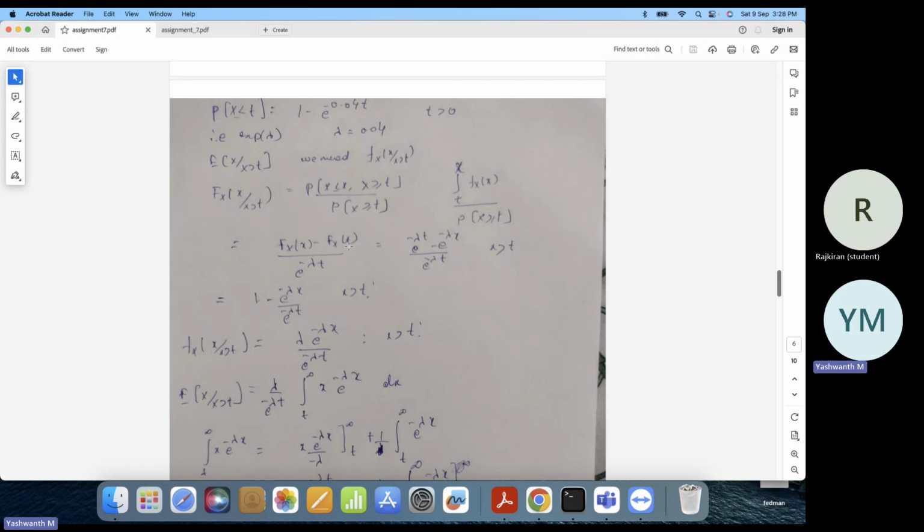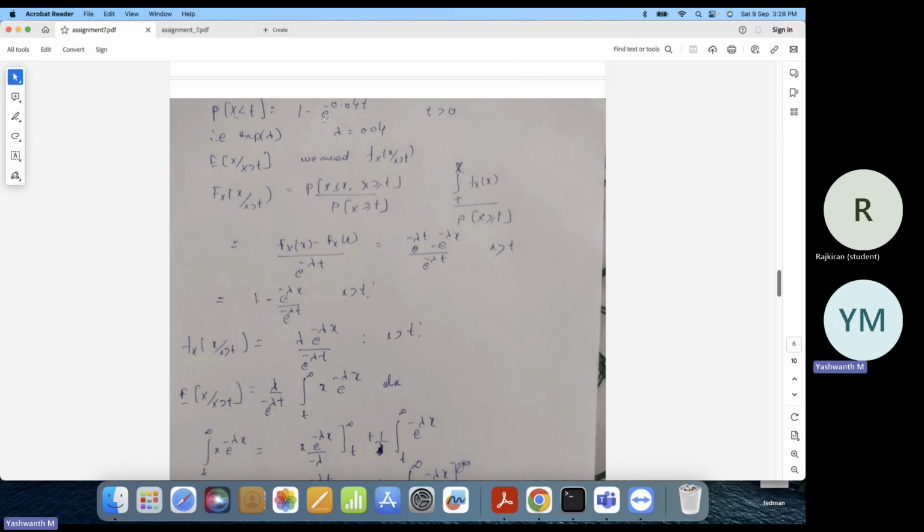Here you use the fact that F x of x is 1 minus e power minus lambda x for the exponential distribution. When you use that, you get e power minus lambda t minus e power minus lambda x, divided by e power minus lambda t. Why do you get this? Because the probability x greater than or equal to t for an exponential distribution is exactly e power minus lambda t.